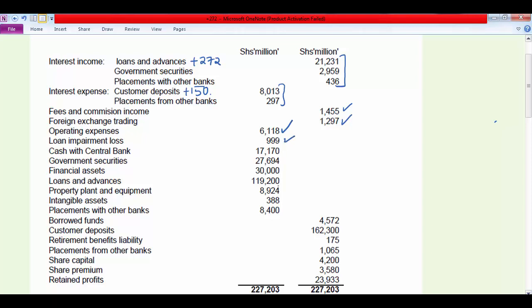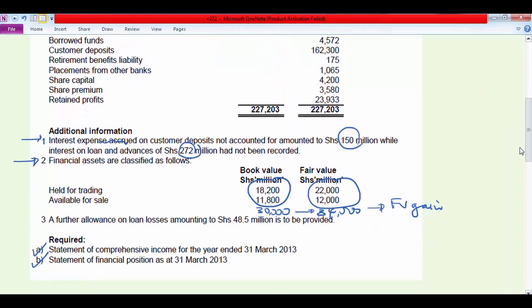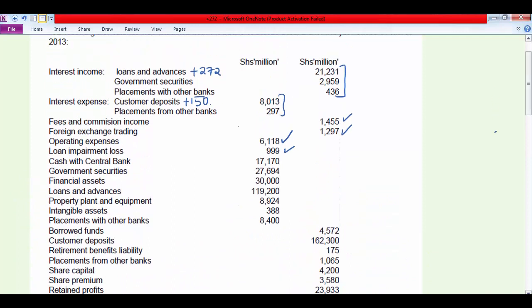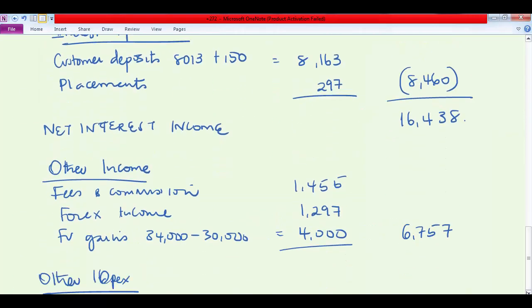Any other there? None. Let's look at the notes and see any expenses. You can see note number 3 is saying that a further allowance of 48.5 is to be provided, meaning that 48.5 needs to be added to this 999. Yeah. So those are the only other operating expenses.